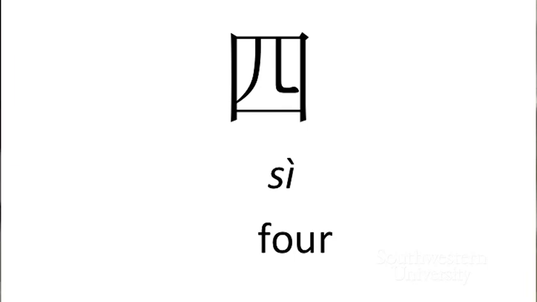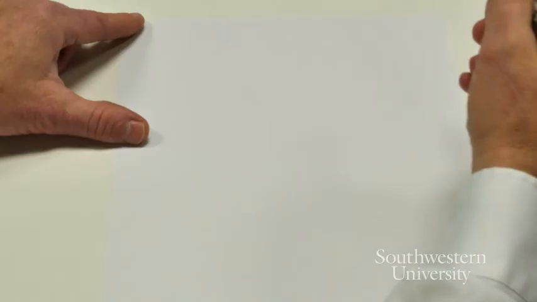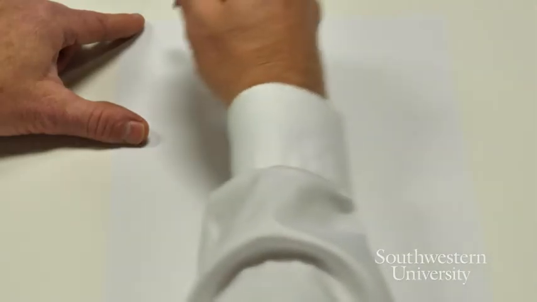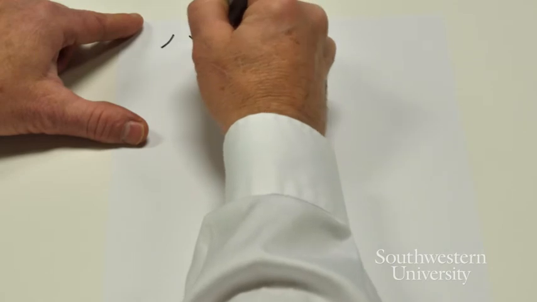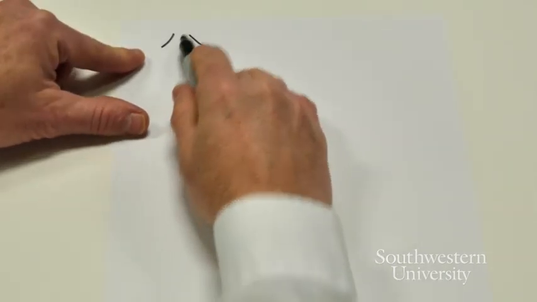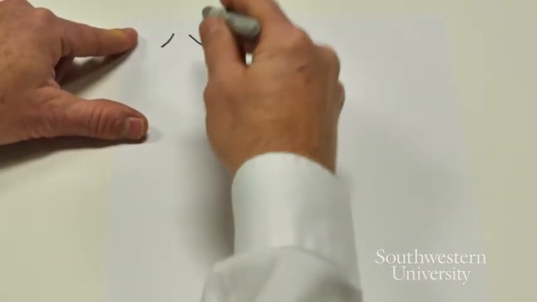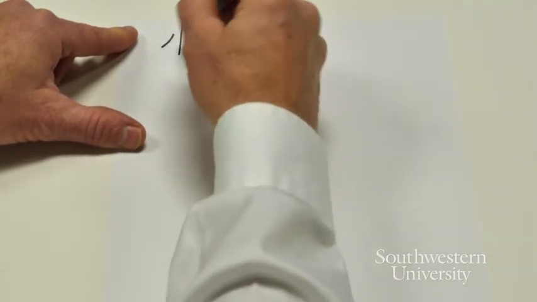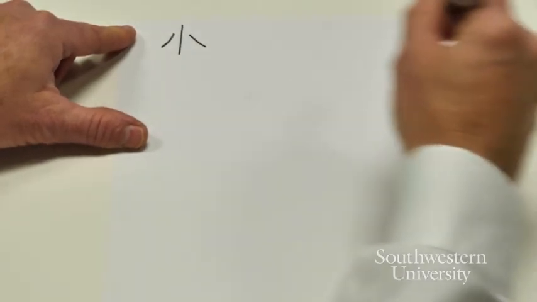The next character, si, the number 4. If you remember, ba, the number 8, is an indication of division, of splitting something, two things split apart.